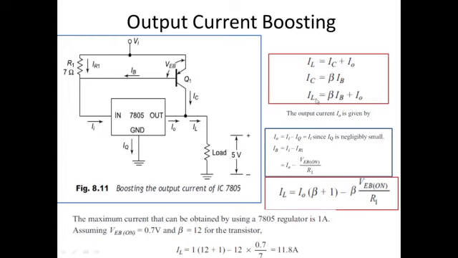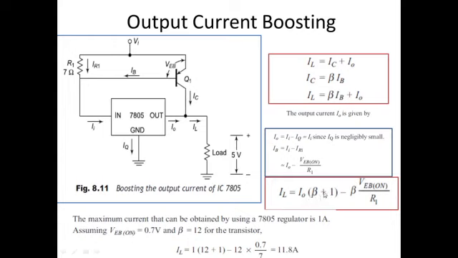Okay. So now what I do here is I combine these two equations. The current of your regulator and the current of your load are combined together. On simplification, I have my IL equal to I0 into (beta plus 1) minus beta into VEB divided by R1. This becomes my load current, and depending upon the beta value, my load current will be changing.